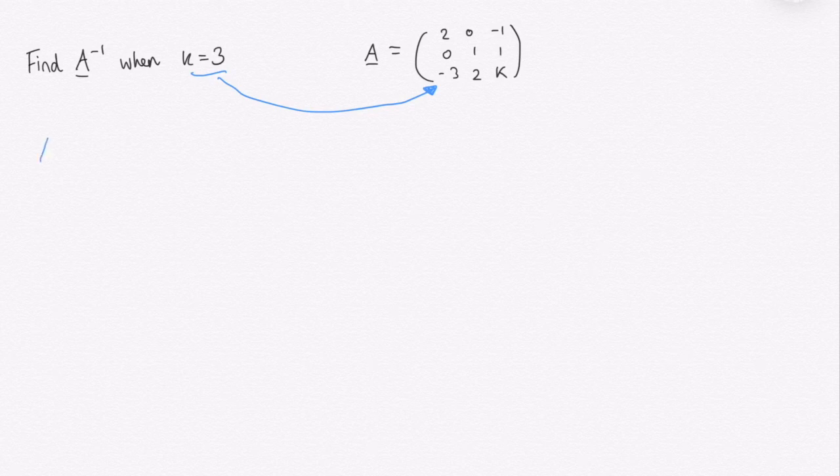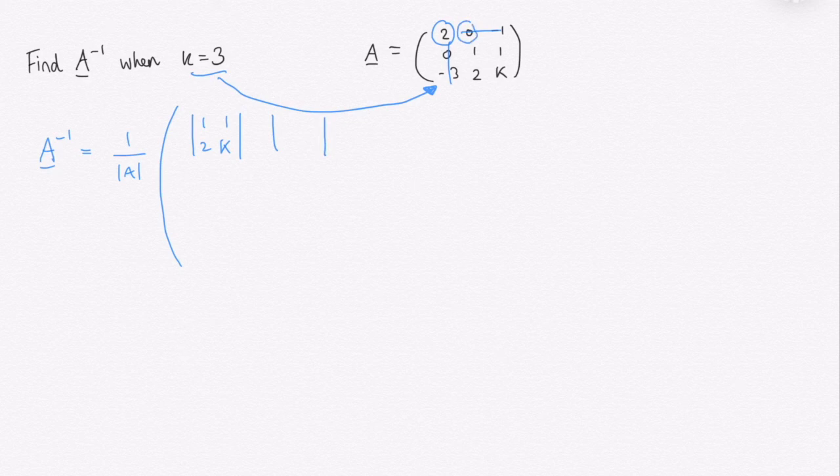Well, we know that A inverse is equal to 1 over the determinant of A. And then we need to start finding our cofactors. So our first cofactor comes from the element 2 here, and that is going to be the determinant 1, 1, 2k. Our second cofactor comes from the element 0 here, so that is going to be 0, 1, minus 3k.